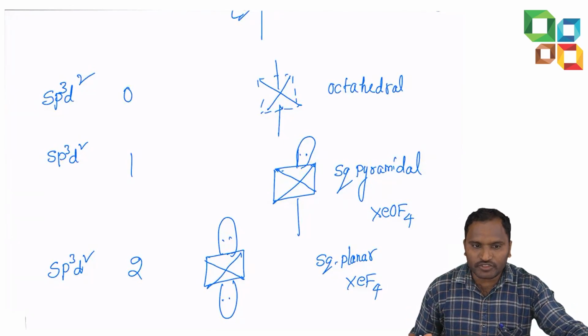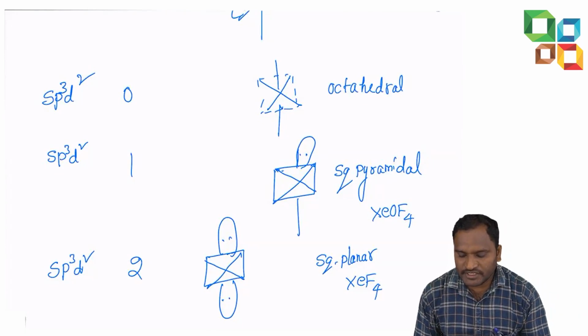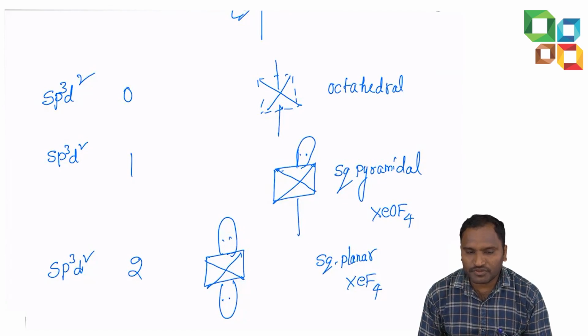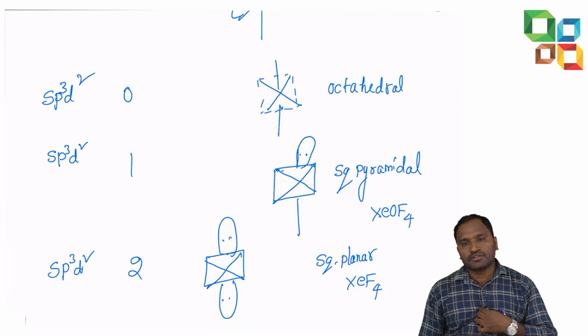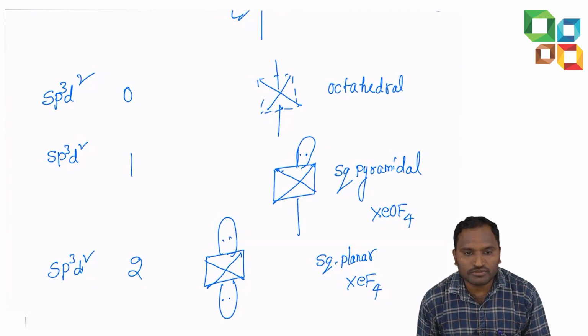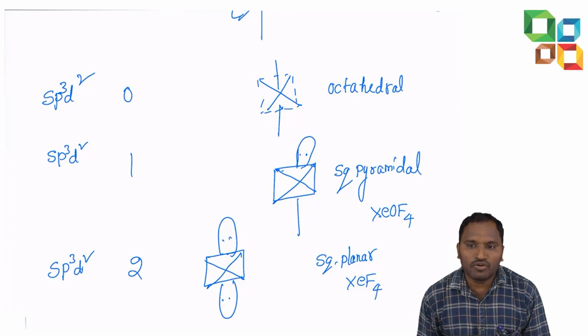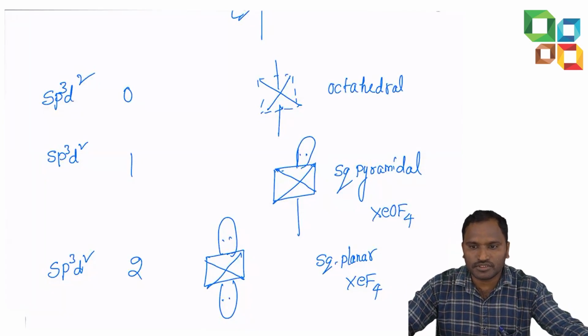So sp3d2 with two lone pairs, XeF4 is an example, square planar. These are the shapes of molecules with respect to hybridization and lone pairs.